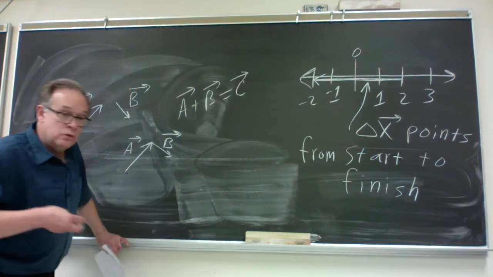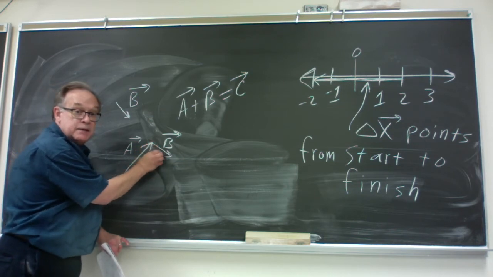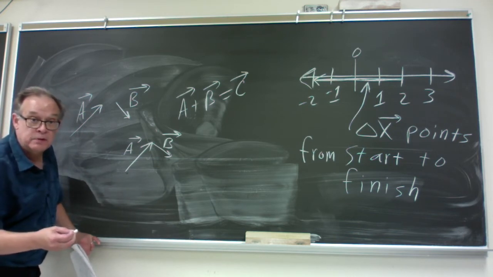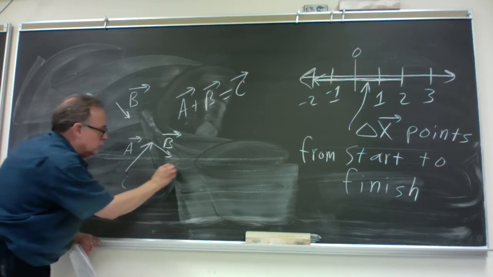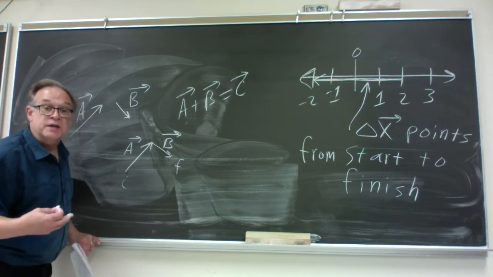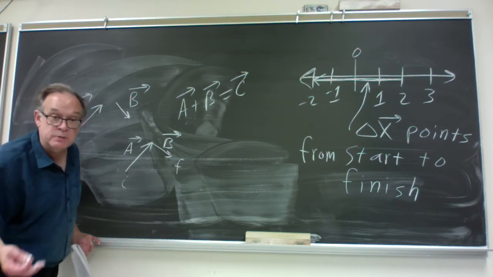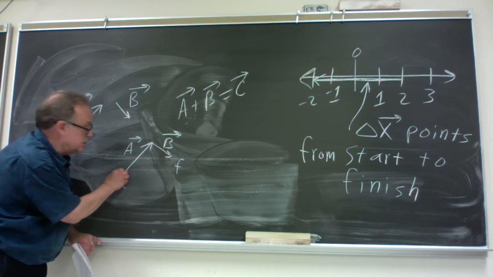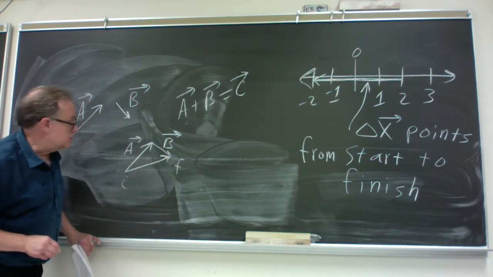Now, the whole trip consisted of moving this way, moving through displacement A, and then moving this way through displacement B. So the very beginning of the whole trip that was constituted by these two displacements started there. There's the initial location, and there's the final location at the very end of the whole trip. So the net displacement, after going through displacement A and then going through displacement B, the net displacement starts here. This is the initial location of the net displacement, and there's the final location of the net displacement.